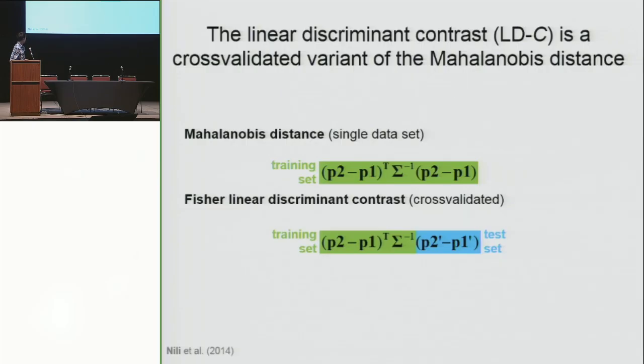So the Fisher linear discriminant contrast is really exactly the same thing as the Mahalanobis distance, only that we swap out the data sets for the two pattern estimates on the right-hand side of the equation. So when we do that, then we get an estimate of the distance that's multivariately normalized, like the Mahalanobis distance, but that is also unbiased and would be symmetrically distributed about 0 if the true distance were 0.